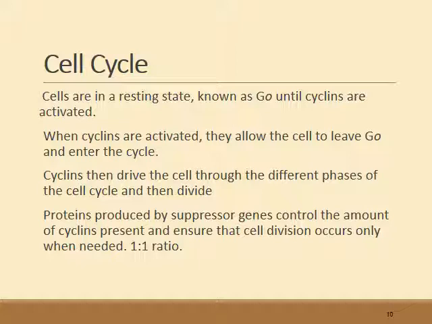And how do they know they're needed? Cyclins are activated. And when cyclins are activated, they allow the cell to leave what's called the G0 state. It's not "go," it's a G0 state, and enter into the cycling phase. The cyclins then drive the cell through the different phases of the cell cycle and then divide.